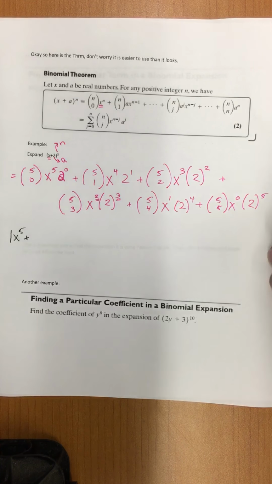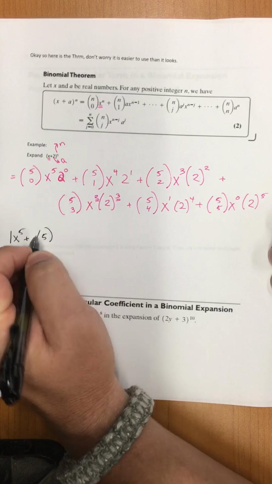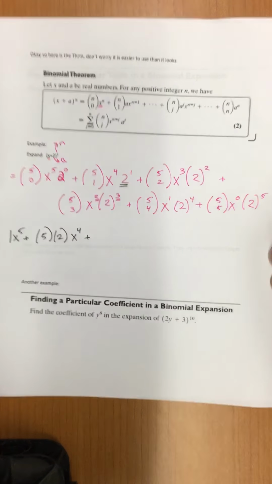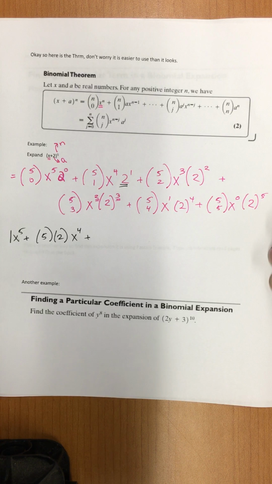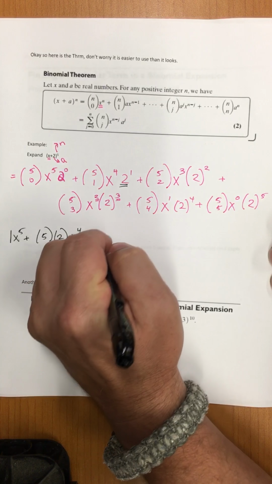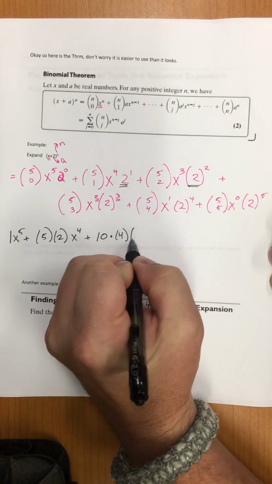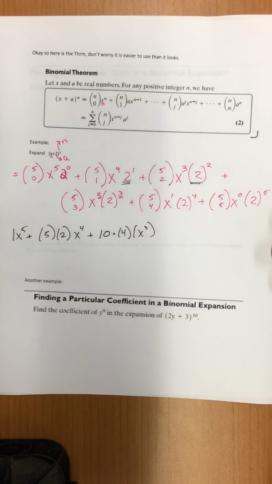Plus 5 choose 1 is 5. 2 to the 1st is 2, x to the 4th. 5 choose 2 is 10, so this becomes 10 times 2 squared is 4 times x cubed. Again, all we're doing is making it look pretty.